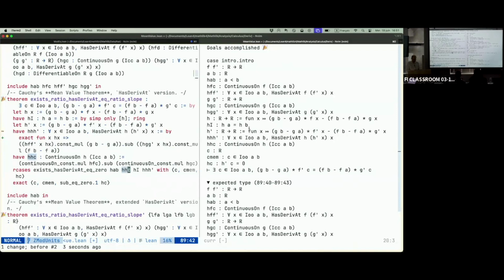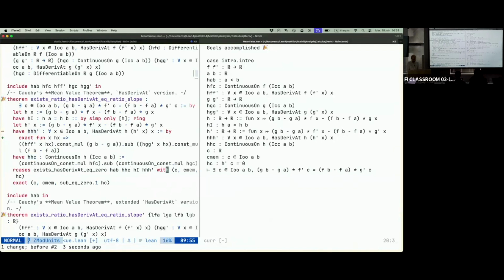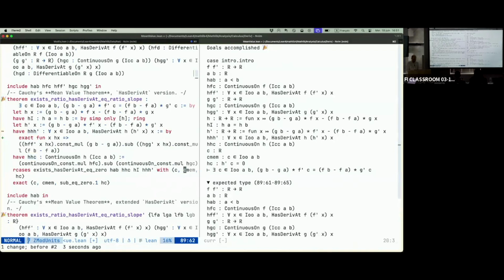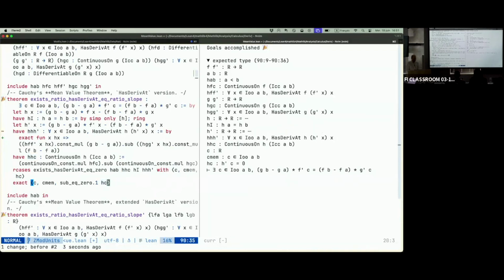You see it here. hff prime, the derivative property. And then, in fact, we get from this lemma that there exists an element c in the middle, a real number that belongs to the open interval, and hc will be the fact that the derivative is 0. In fact, we have to prove that there exists c in the open interval Iab with some property. And this is essentially what has to be proved.